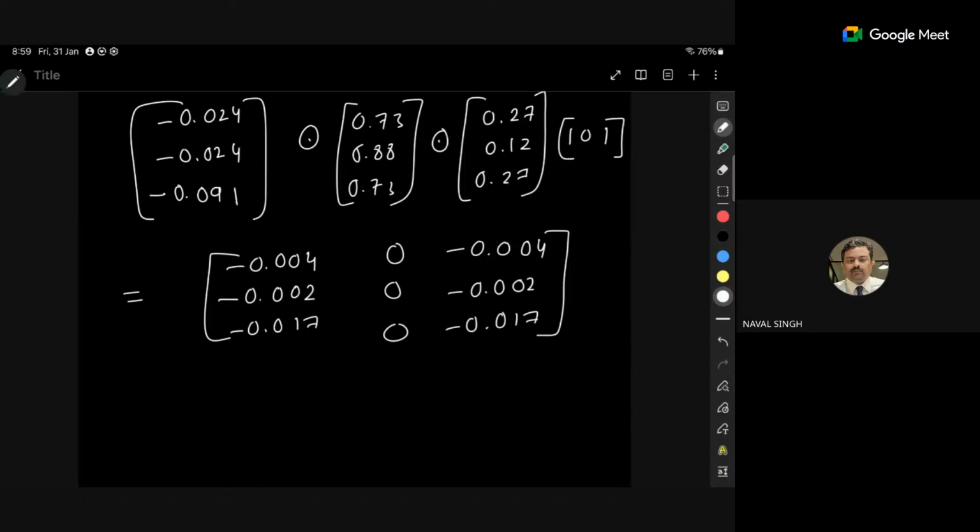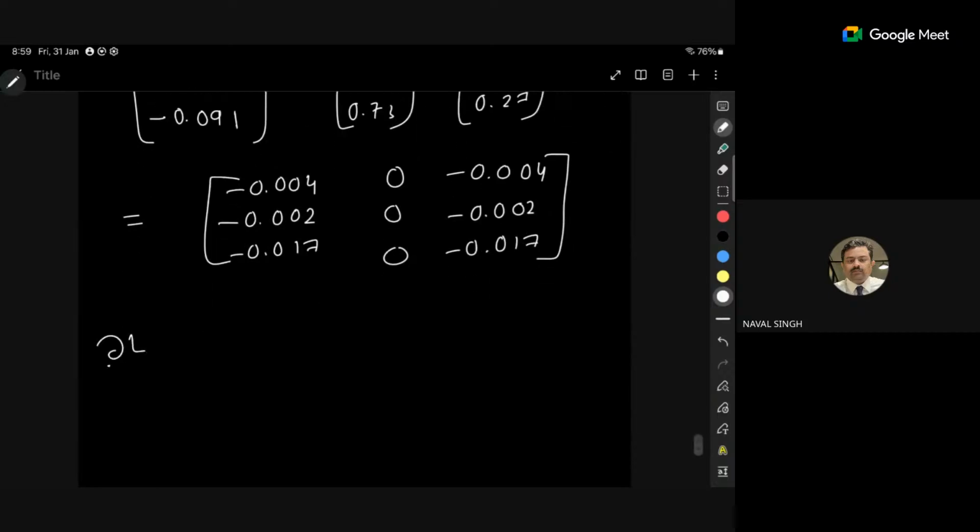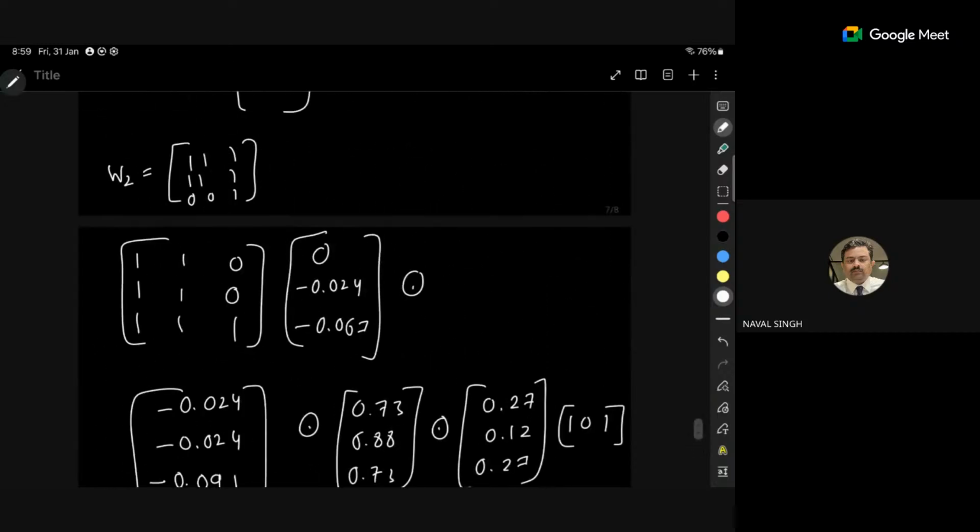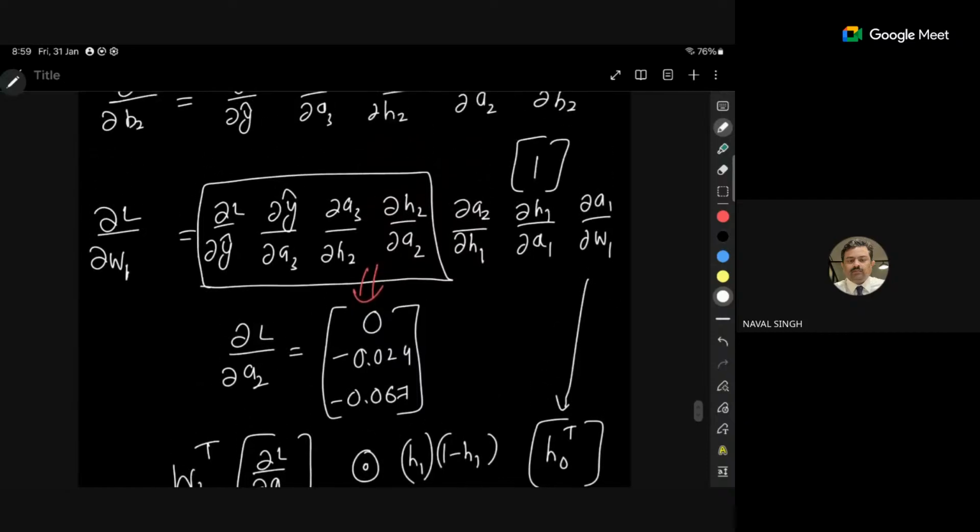If it was with respect to B1, then again you have to do this whole thing, A1 with respect to W1.